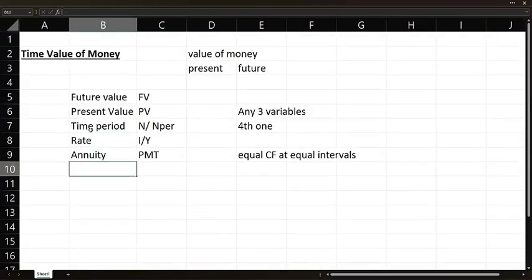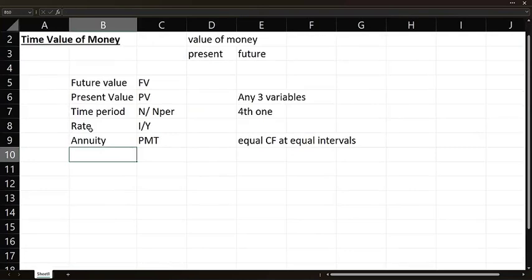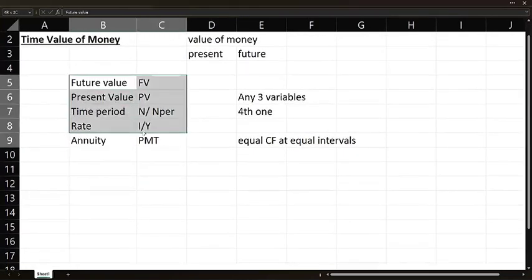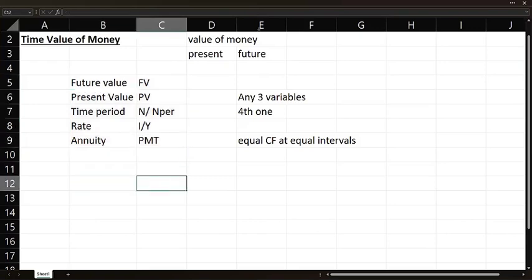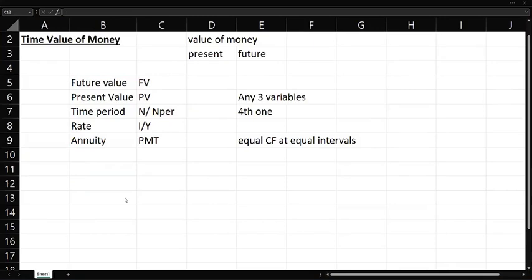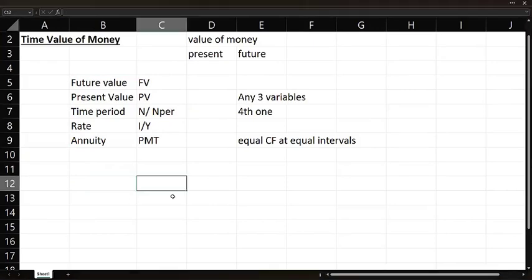Fine. So let me now tell you the connection, the relationship between these variables. You can think of the future value formula. I think you all have used it already.